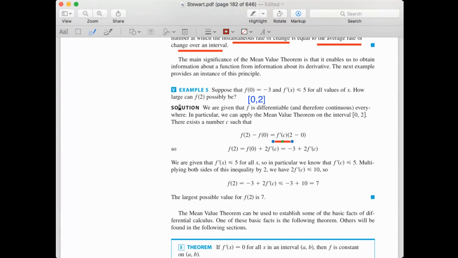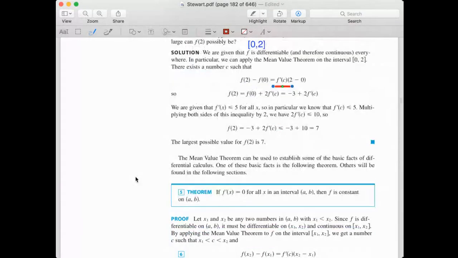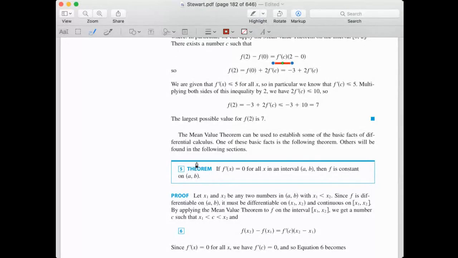All right, so this is using the mean value theorem. Let's see another theorem derived from the mean value theorem. If the derivative equals 0, this is kind of like going backwards.